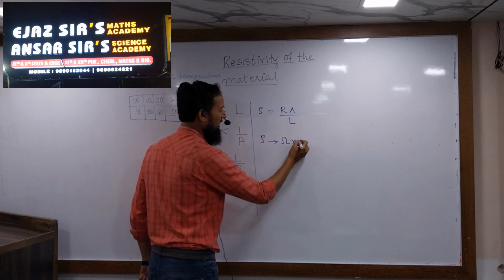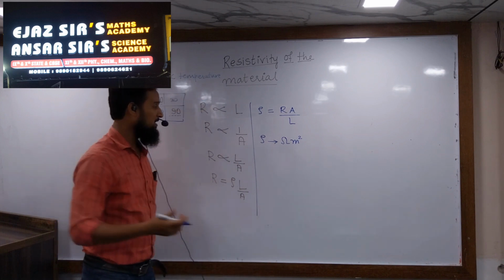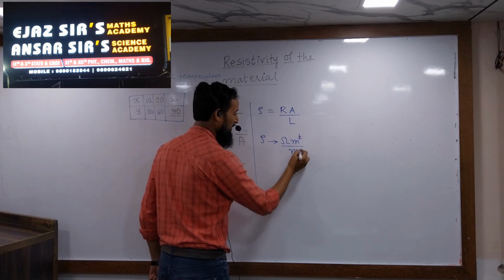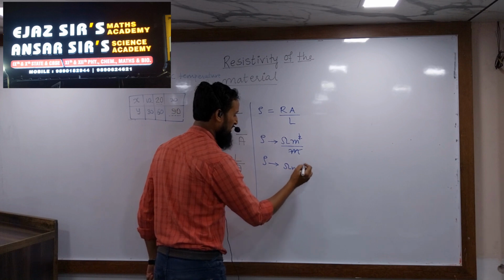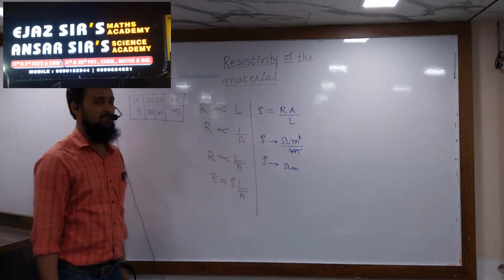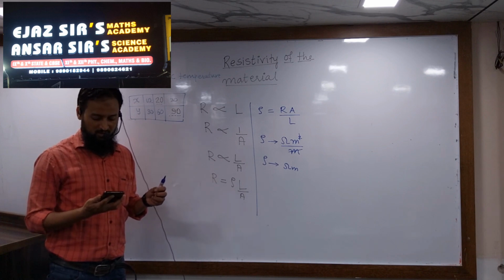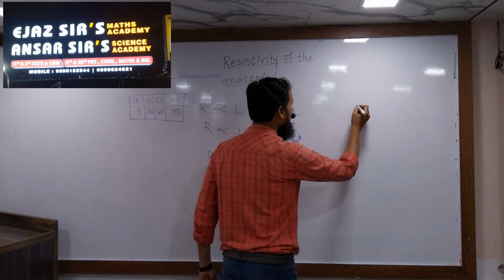Area has SI unit meter square. Length has SI unit meter. So meter square and meter will get cancelled, and the SI unit of resistivity is ohm meter. This will help us in differentiating between resistance and resistivity. Resistance has SI unit ohm and resistivity has SI unit ohm meter.